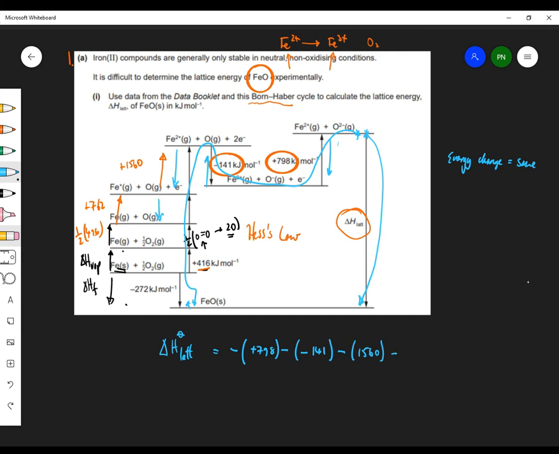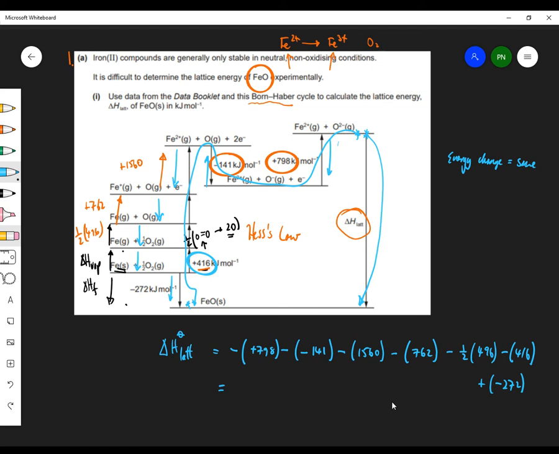This is minus 762. This one here is minus half of 496. And this one is the vaporization, minus 416 there. And now it's minus 272. So if we're very careful, we can add all these up.